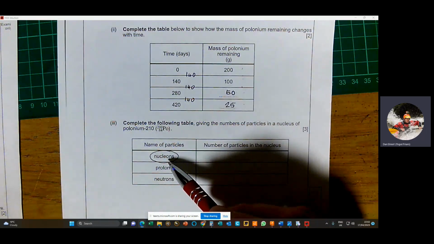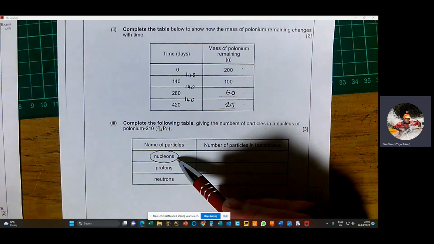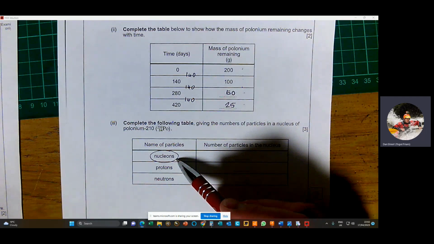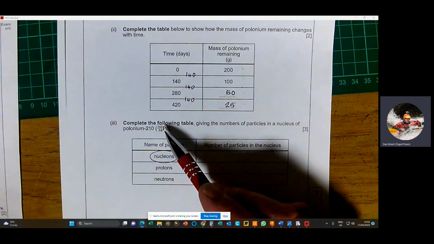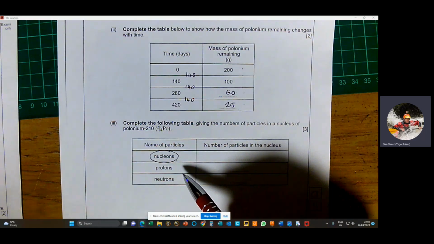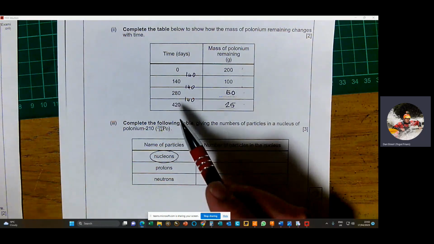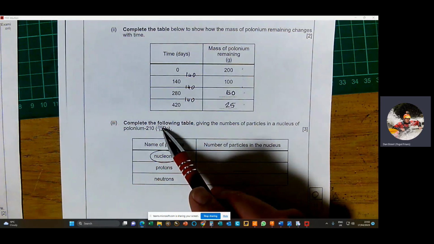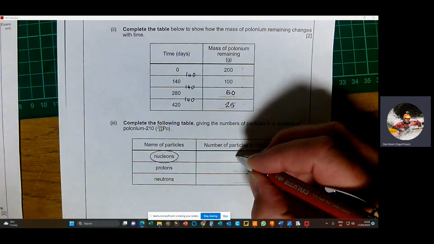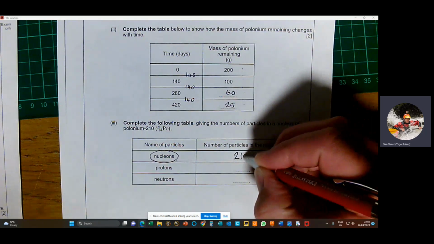Now, the word nucleons tends to be only in physics, but what it means is anything in the nucleus. If we look at the information in the question, the stuff in the nucleus are the protons and the neutrons, and they have all got a mass of 1, therefore they give the element mass, so it's 210. The number of nucleons is 210.